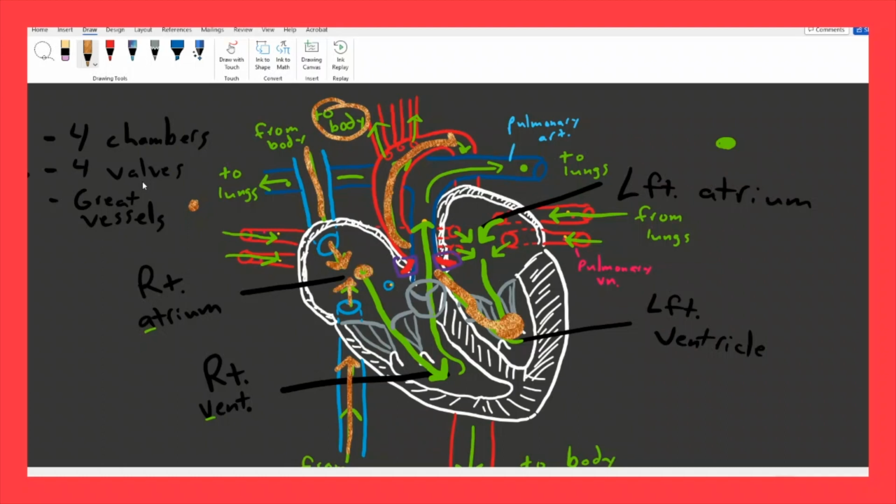Now the blood is in the right atrium. The right atrium contracts, forcing the blood through the tricuspid valve into the right ventricle. The right ventricle contracts, forcing the blood through the pulmonary semilunar valve into the pulmonary trunk and then into the two pulmonary arteries. Where does it go then?